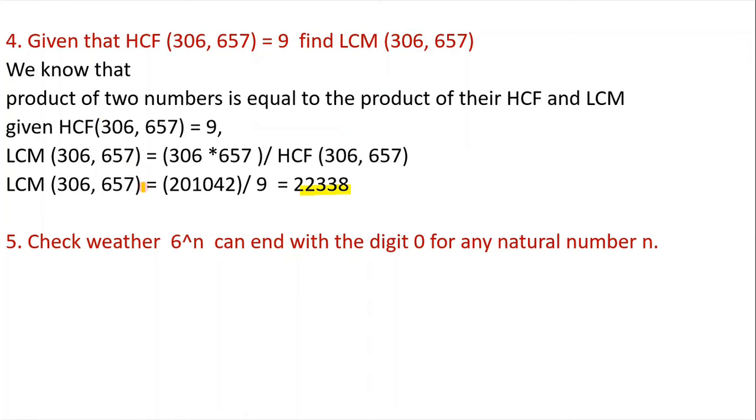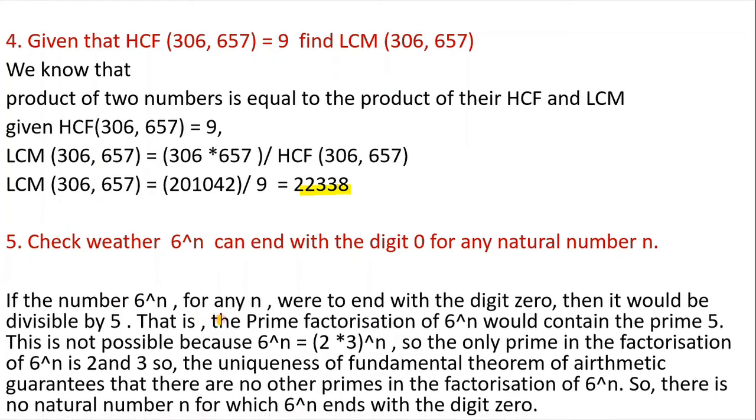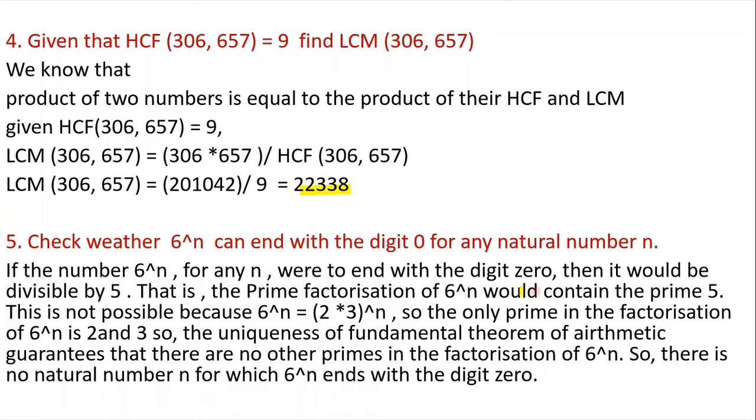If 6 power n were to end with the last digit 0, then it must be a product of 2's and 5's. That is, it would be divisible by 5. That is, the prime factorization of 6 power n would contain the prime 5.